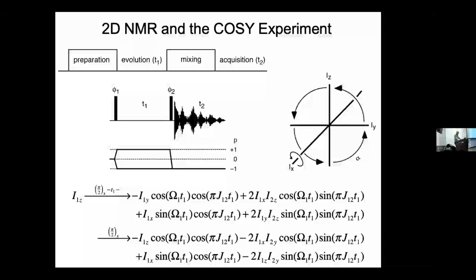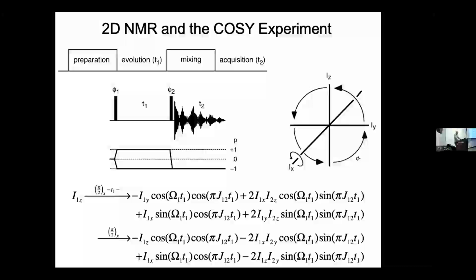Now, a critical thing here is, suppose there wasn't a J coupling between spin 1 and spin 2, so that J12 was 0. Then our second observable term would vanish, because sine 0 is 0.